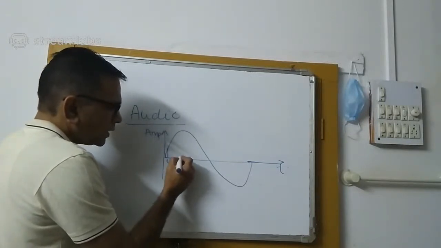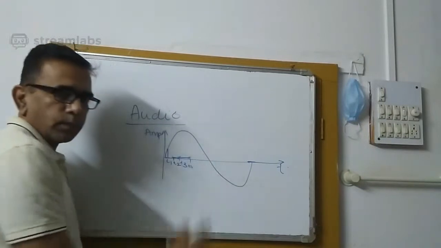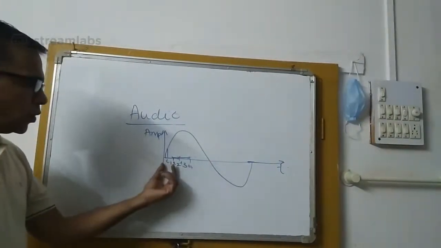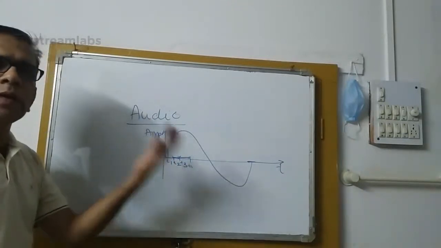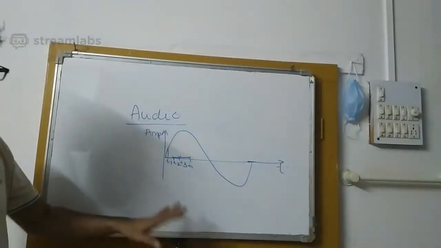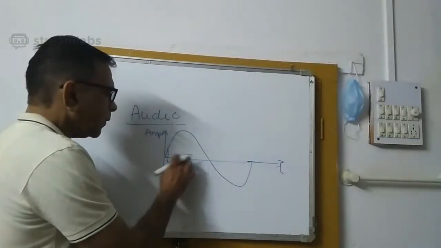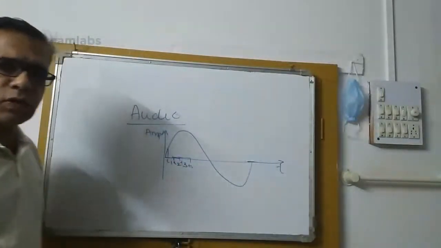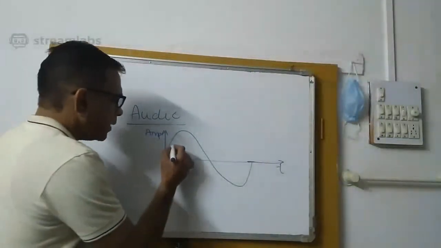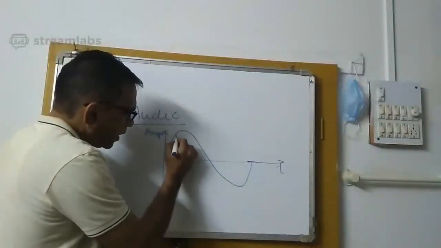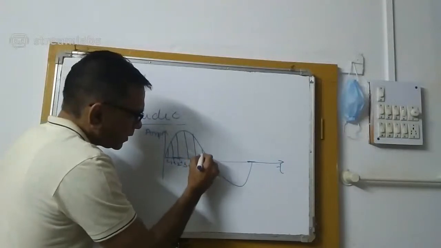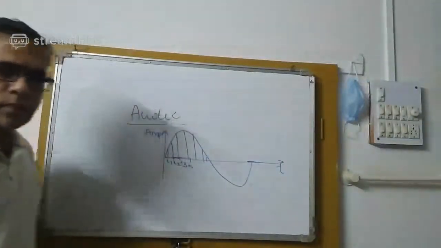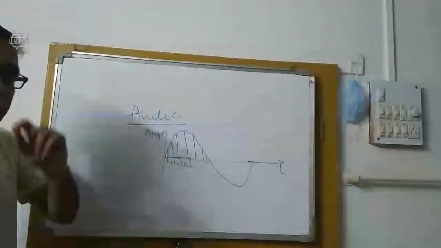So this duration remains the same. The duration between t1 and t2 is the same. You divide at these intervals, or at different time intervals like this. You are talking about taking a sample.